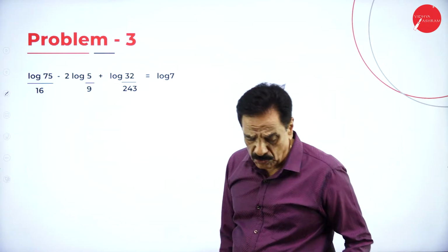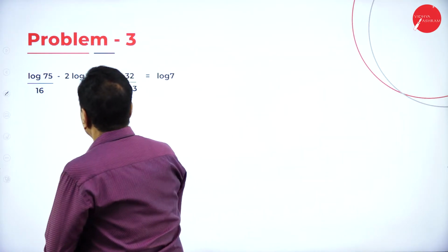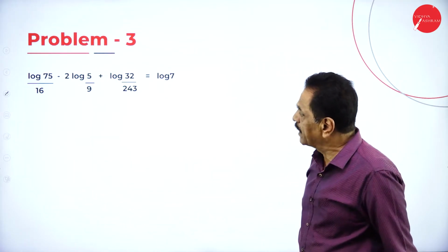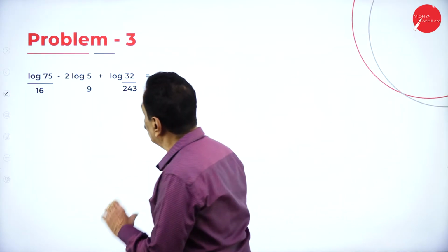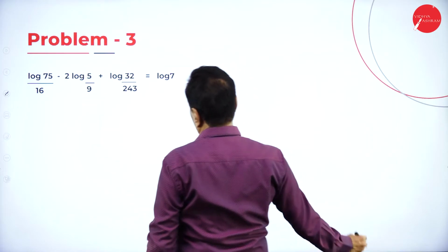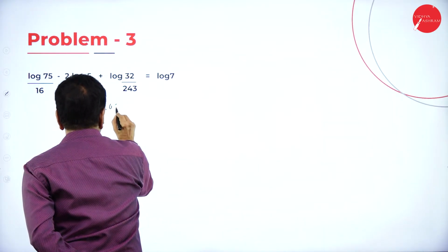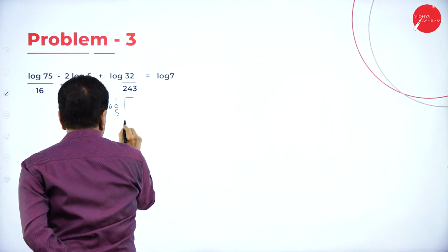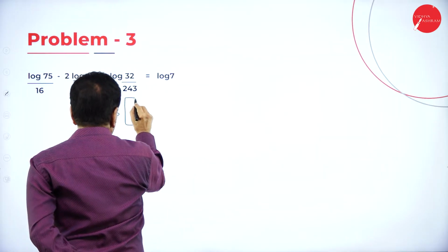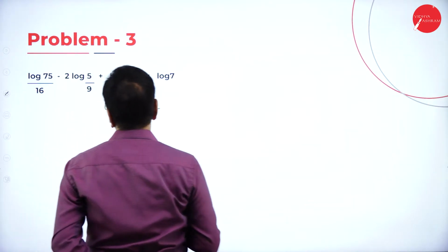Then we move on to log 75 divided by 16, 2 log 5 divided by 9, log 32 divided by 243. So I told you, plus means multiplication. This can be written as log 75 divided by 16.